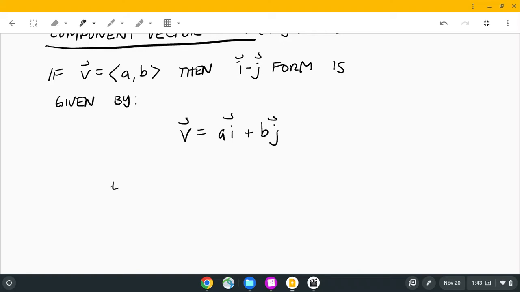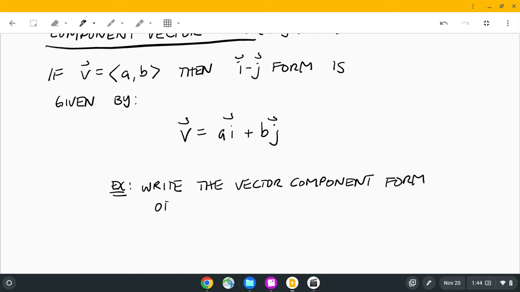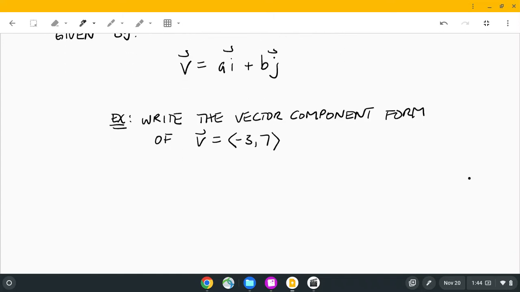All right, so for example, if I have to write the vector component form of v, which is negative 3, 7, then the ij form would be, I take that negative 3, and I take that 7, and that's it.